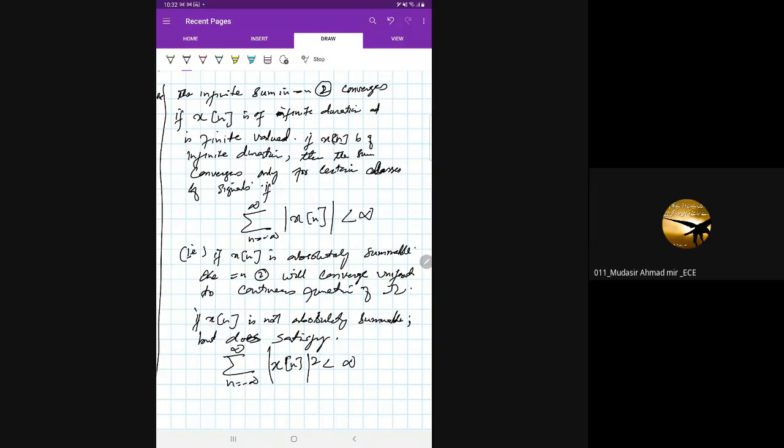That is, x has finite energy. Then it can be shown that the sum in equation 2 can converge in mean square error sense.